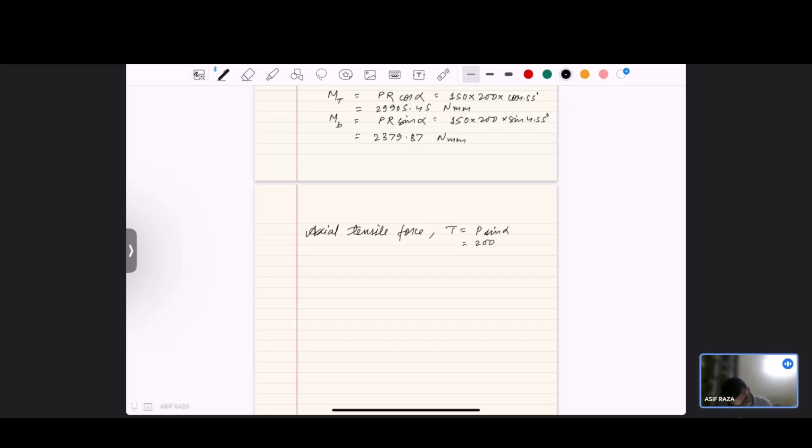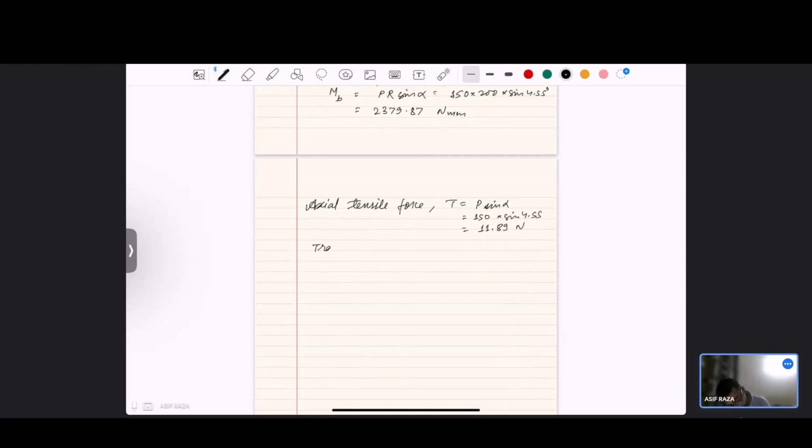This would be equal to 150 into sin 4.55, so this is equal to 11.89 Newton.